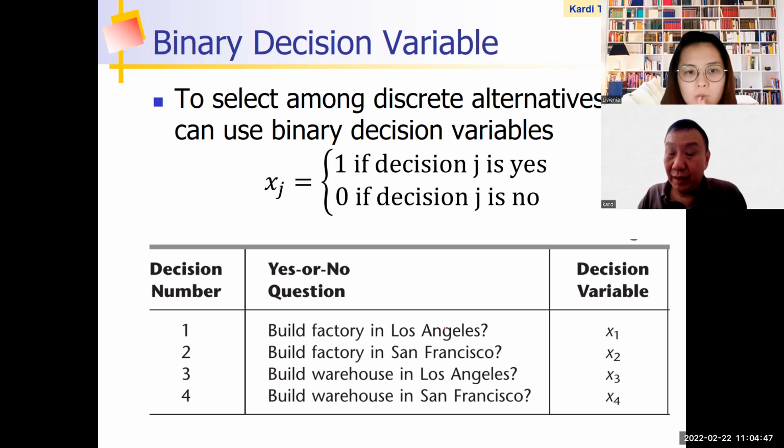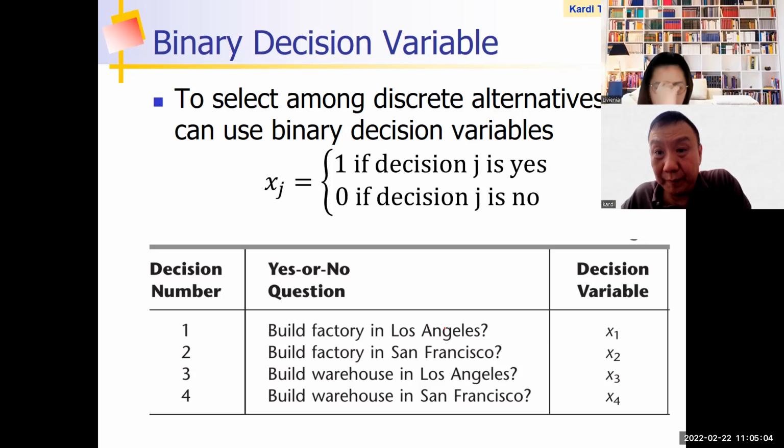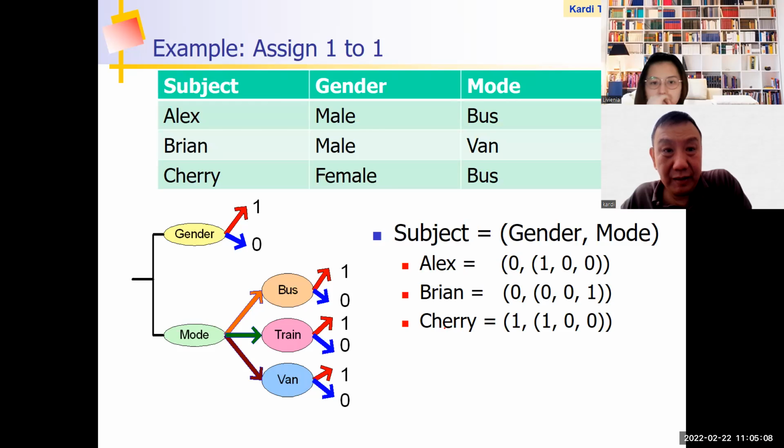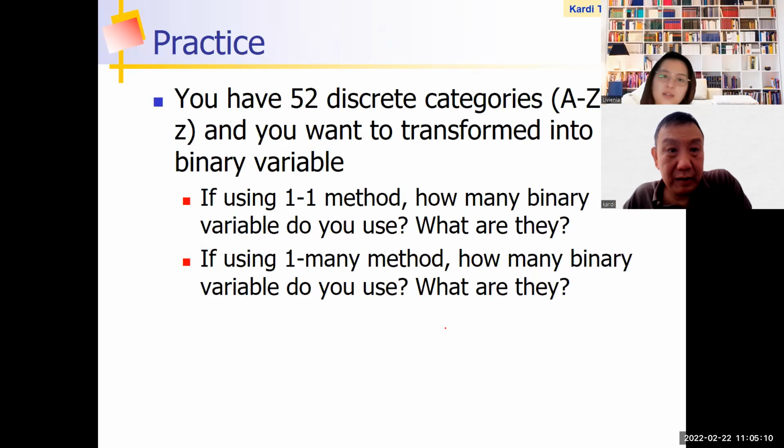Yes or no? Then you have 4 variables here. That variable represent decision, right? Yes or no. But yes mean you will build, no means you don't build. Is it clear or not? Yeah.